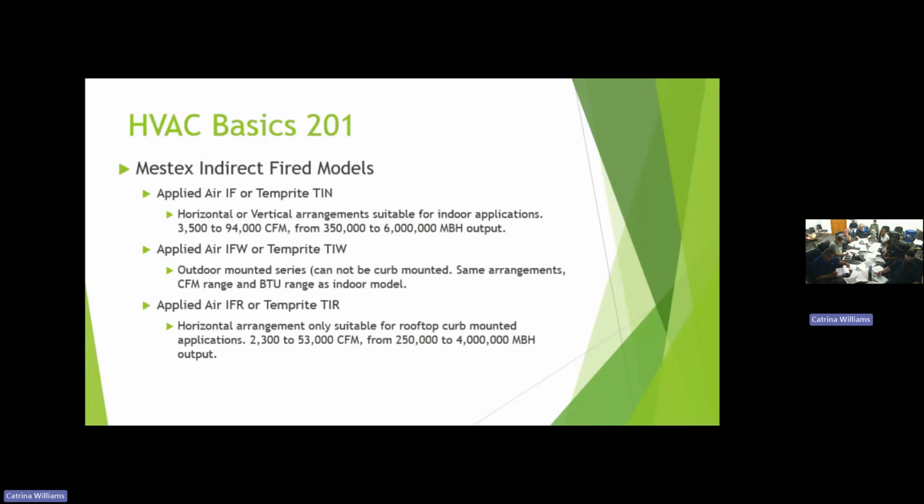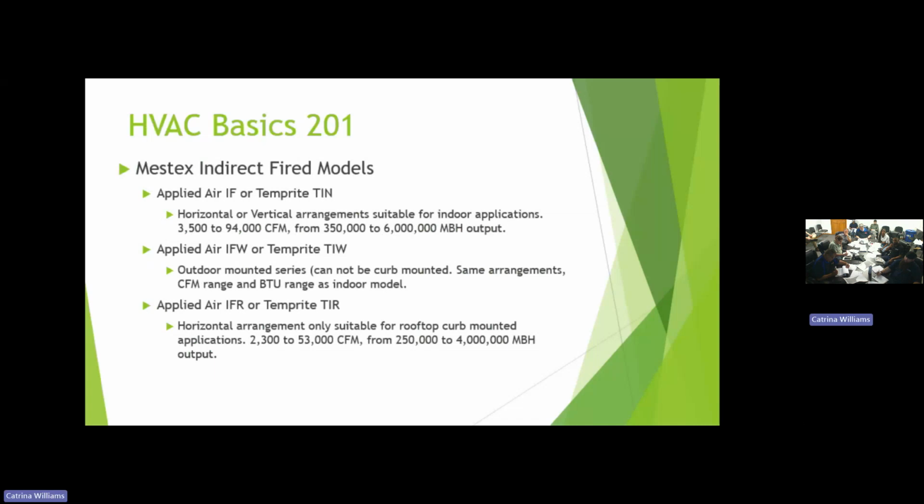The IFW or the TIW is the same thing with a weather house on it, so it's an outdoor model with no curb mounting, but the same arrangement, same CFM range, same BTU range. It's just got a weather house for mounting outdoors.